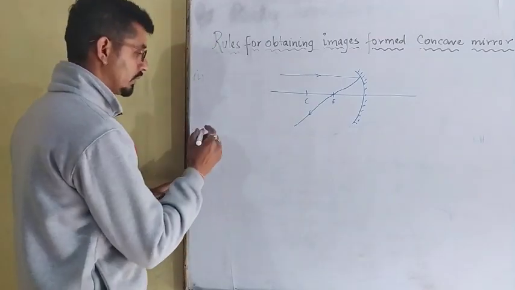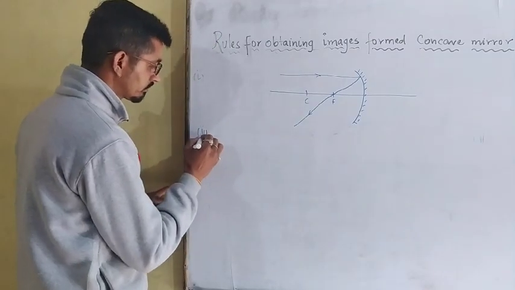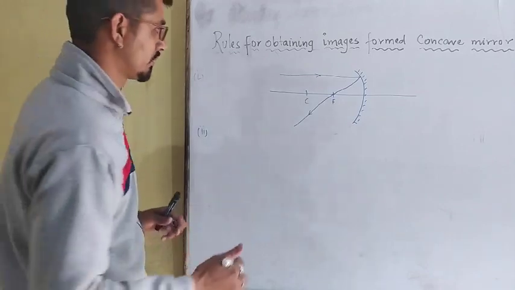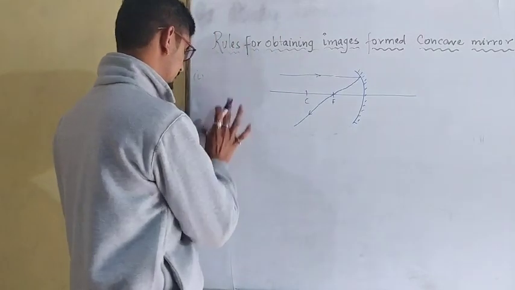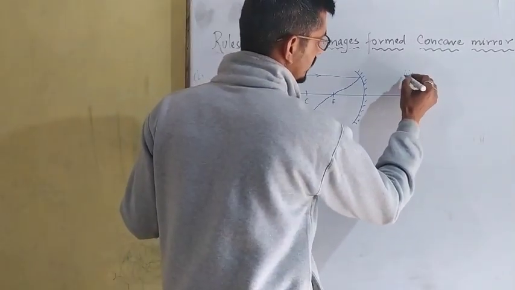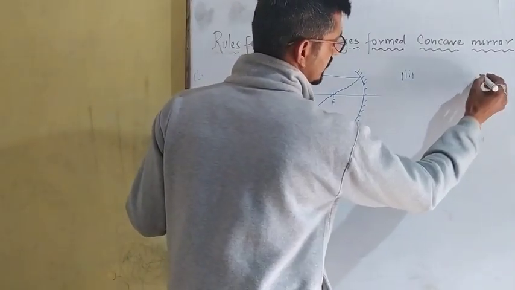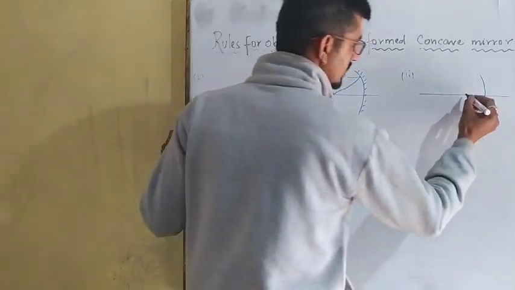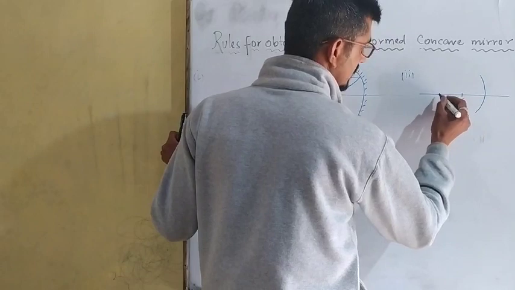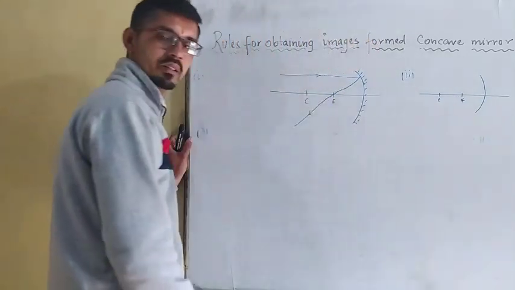First rule. Second one, just vice versa of this. Okay, second one, I am writing here. So this is a concave mirror, this is the principal axis, this is the focus, this is the center of curvature.